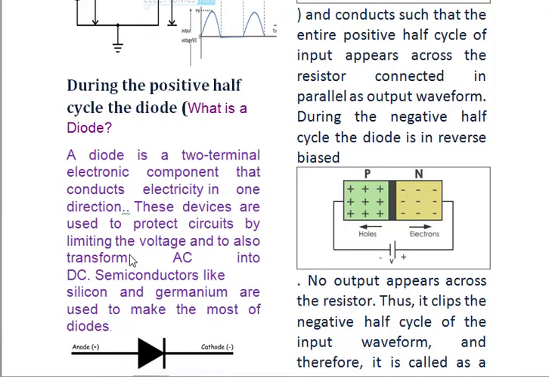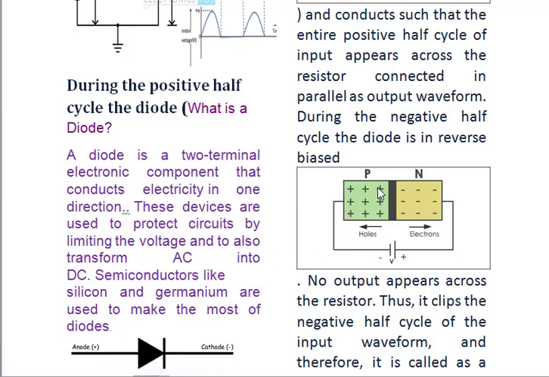These devices are used to protect the circuit by limiting the voltage, and to convert alternating current into direct current, so it is also called a rectifier. Silicon and germanium semiconductors are used to make these diodes.